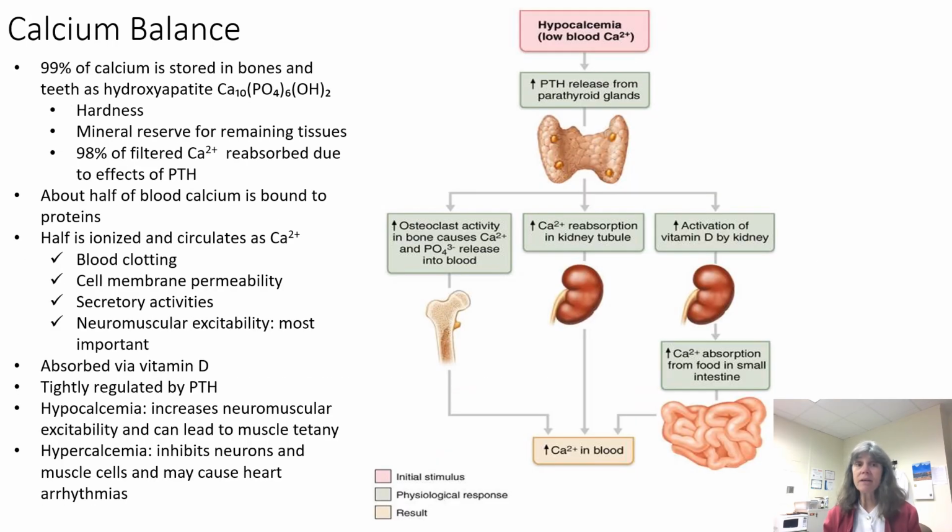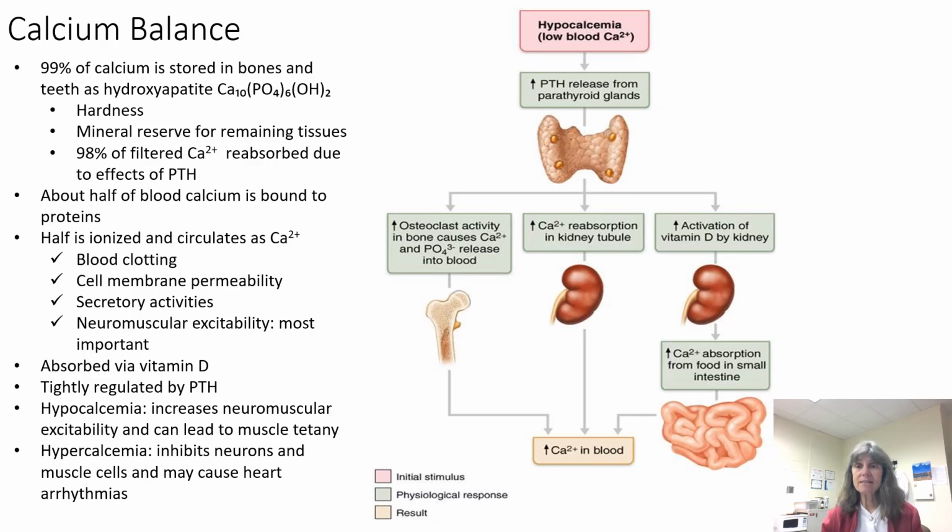Most of the calcium in our body is stored in bones and teeth in the form of a molecule called hydroxyapatite, which is a combination of calcium, phosphate groups, oxygen, and hydrogen. Hydroxyapatite provides hardness for bones and teeth. Remember that collagen makes bones strong, but minerals make bone hard.